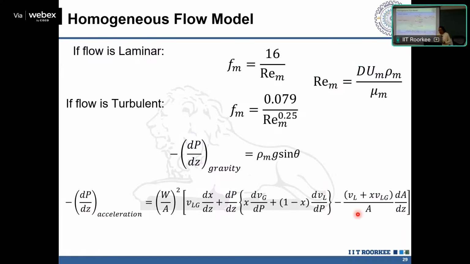As well as, if you have a vapor-liquid flow where your mass fraction is changing, because continuously the vapor is being produced from the liquid, so the value of x is being changed. For that also you can have a certain amount of change in pressure that is accounted. So the acceleration pressure drop is made up of these two different components.